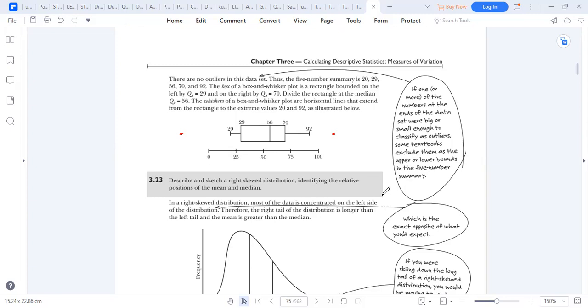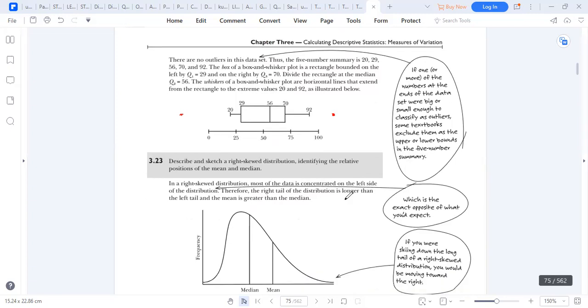How do you know? The box and whisker plot would tell us.